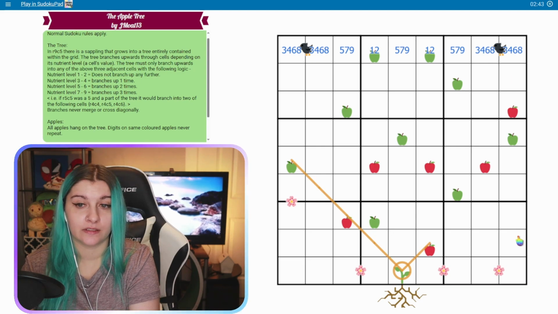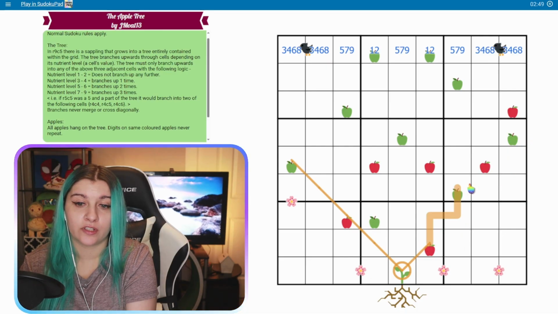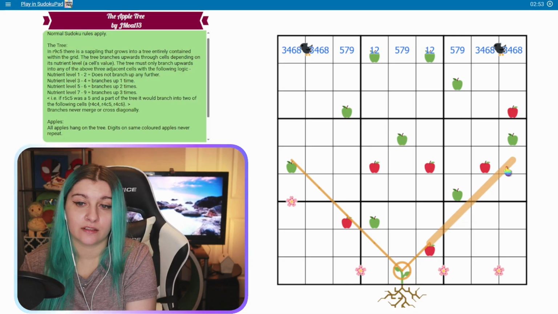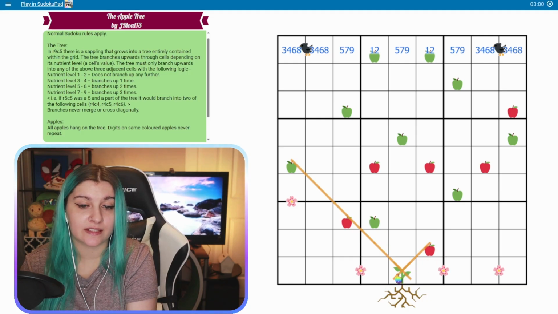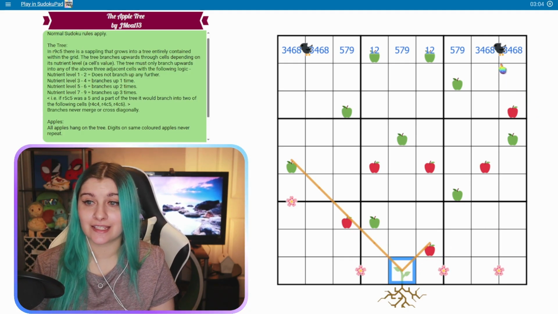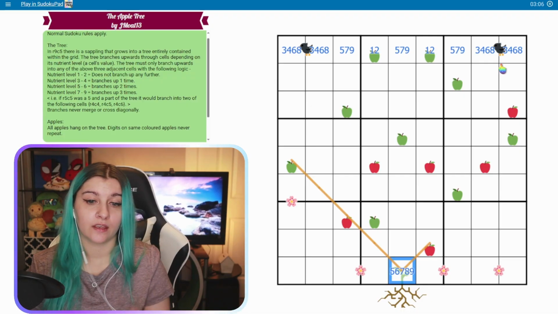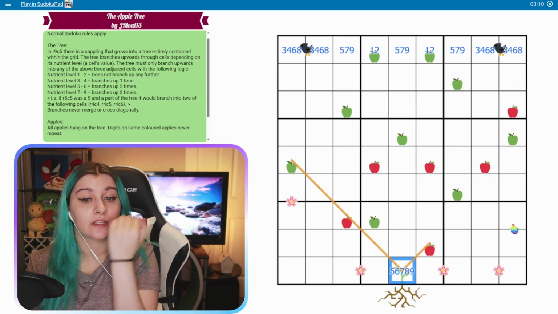Now, again, with the very extreme diagonal, I could get over here and then go up. So I don't necessarily need to go diagonal through these, but these lines definitely need to happen. So this digit needs to be at least a 5. I need to branch up at least twice.